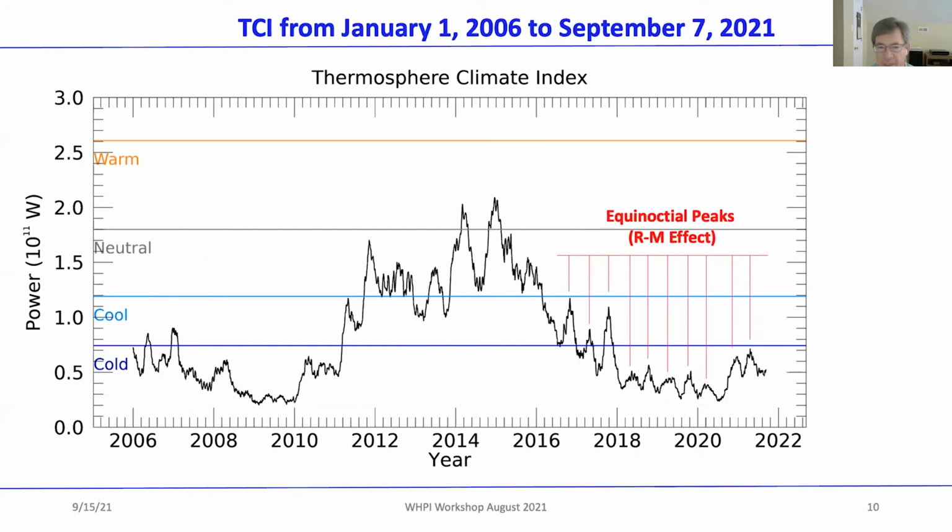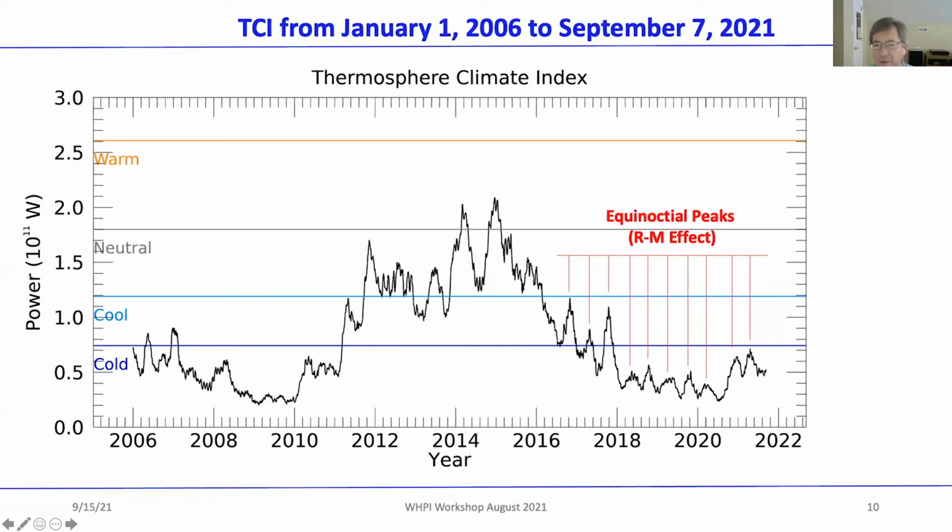Now, another interesting thing we see, you see these peaks here which show up, and I've put these lines here. Every 6 months at the equinoctial peak, we see a peak in the nitric oxide emission. And this is clear in the single analyses we've done of the AP index. There's a very strong 6-month peak associated with the Russell-McPherron effect.